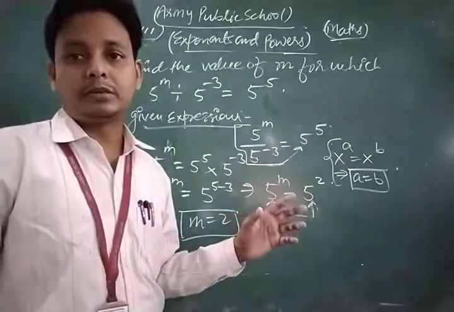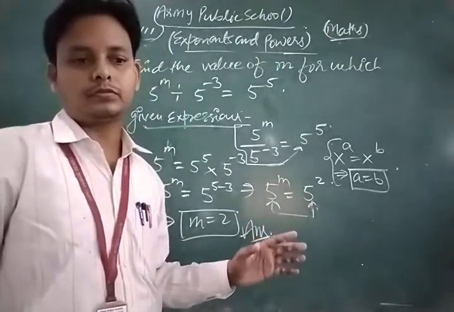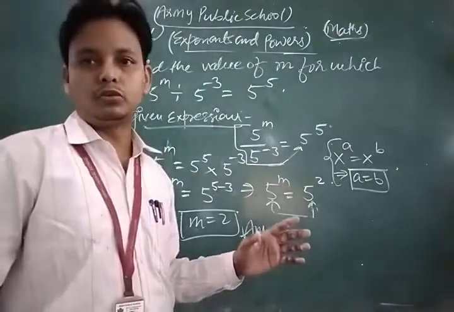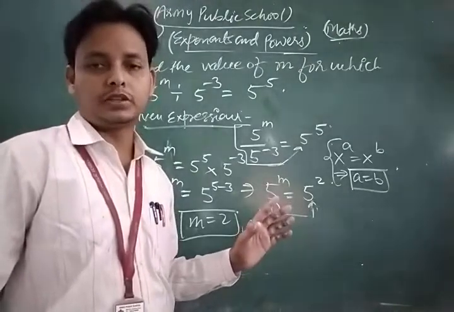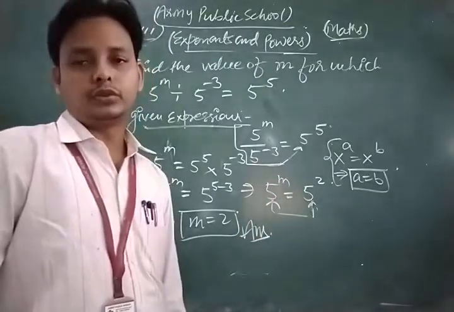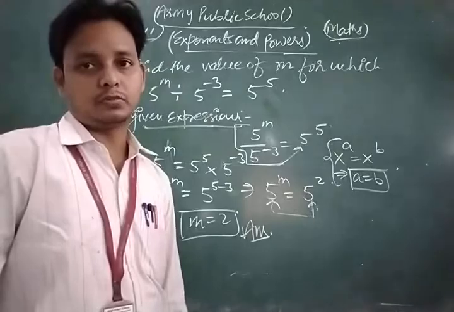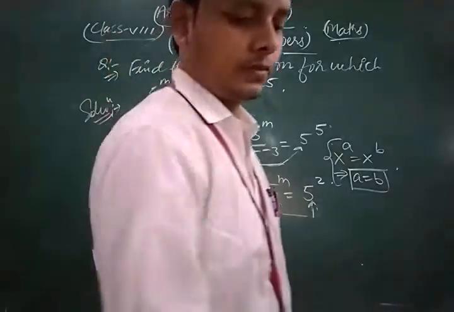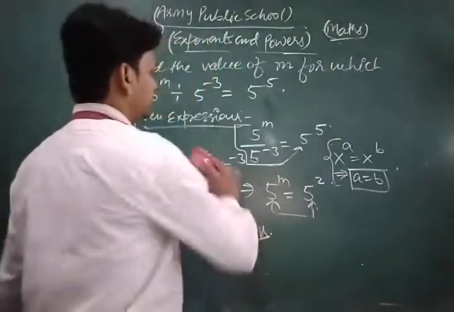So dear students, this is the method to solve that type of question. Please do more and more practice of that type of question. After that you can solve each and every question of your NCERT exercise based on these topics. Now dear friends, we take and solve some other important questions.